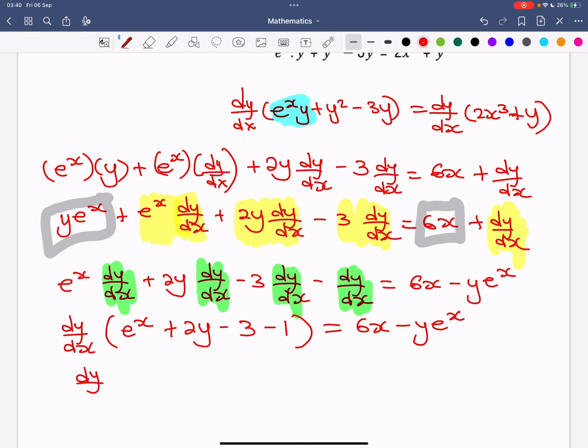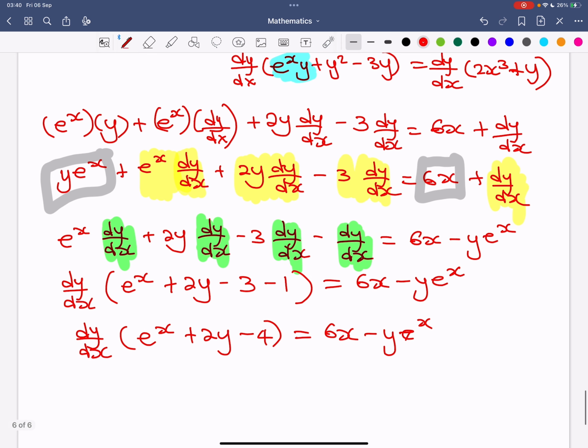So I can rewrite this as dy over dx times e to the x plus 2y minus 3 minus 1, which is minus 4, equals 6x minus y e to the x. The last step is to make dy over dx the subject of the formula. So I'm going to divide both sides by e to the x plus 2y minus 4.